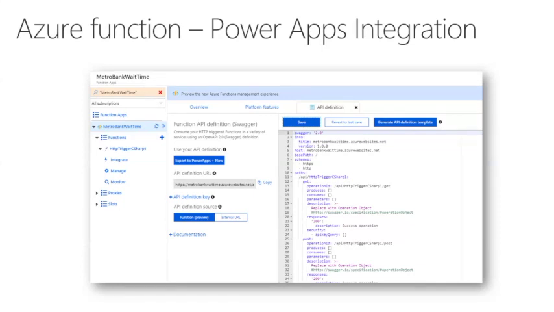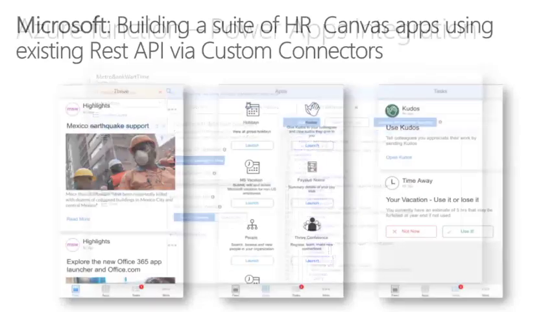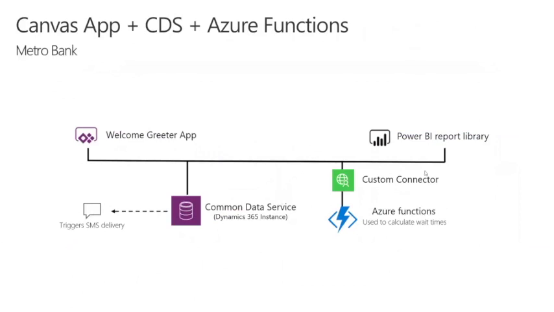Here is just a screenshot of how the Azure function would have been built, but also this nice button here that allows you to export the API or the Swagger file or API definition and automatically create a custom connector, which is the means by which Power Apps will talk to an Azure function. We'll talk more about custom connectors in a bit.